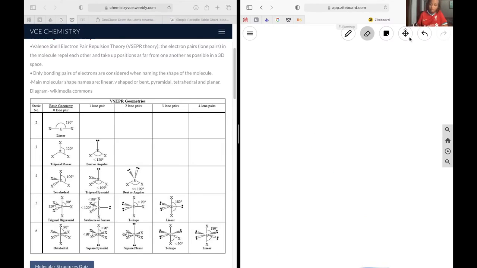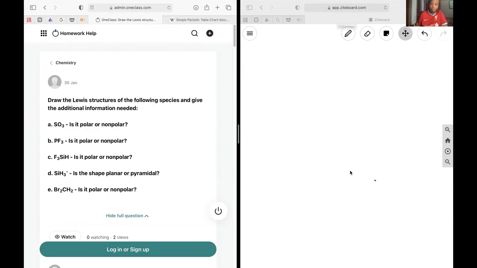Now let's do D and E. So for D, I have SiH3 minus. So as usual, begin with your valence electrons.